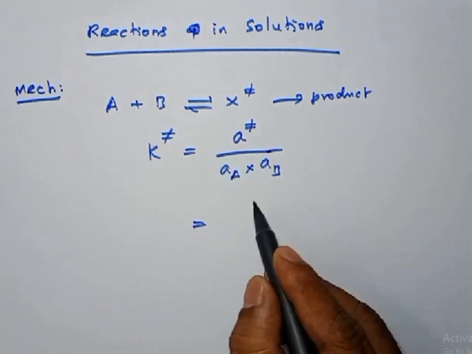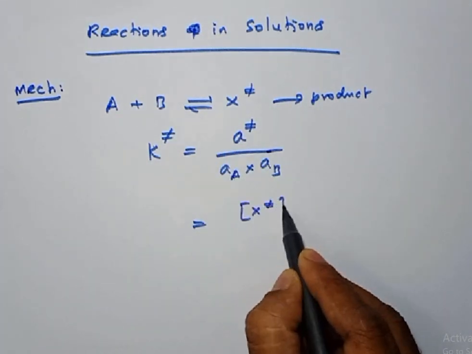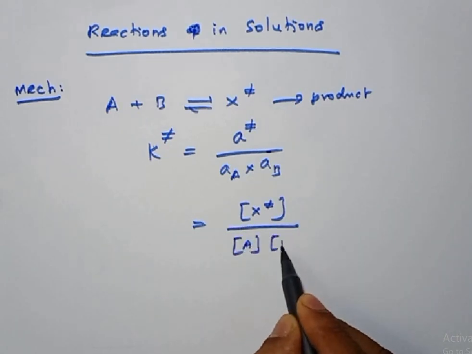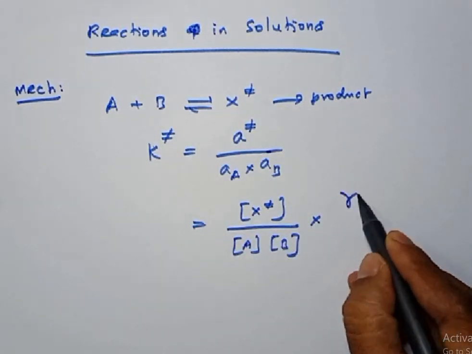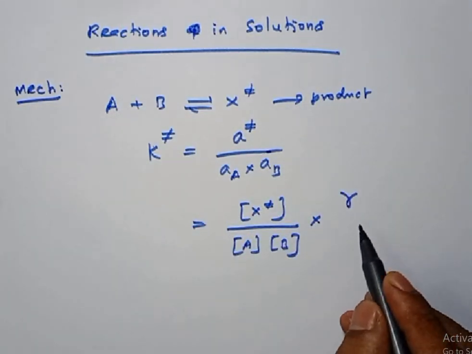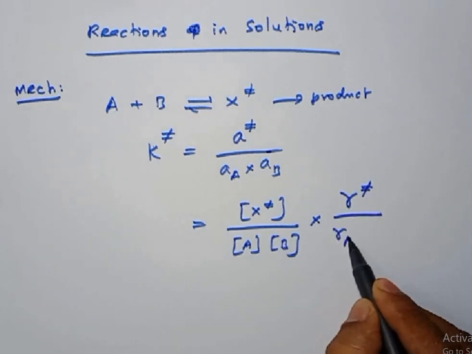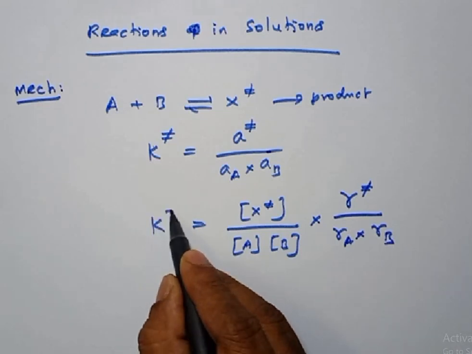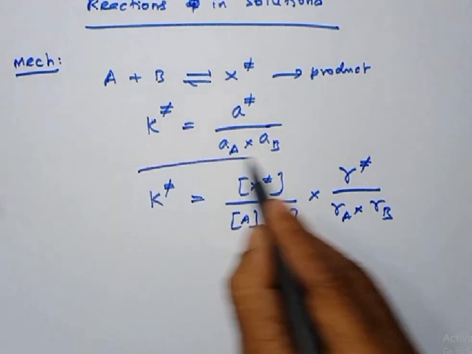So it is the concentration of the activated complex, X double dagger, by concentration of species A and concentration of species B, into their corresponding activity coefficients. We represent activity coefficient by the symbol gamma. Gamma of activated complex by gamma of reactant molecule A and gamma of reactant molecule B. This is K double dagger.